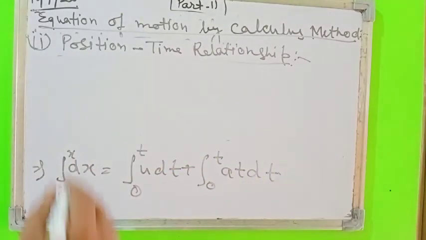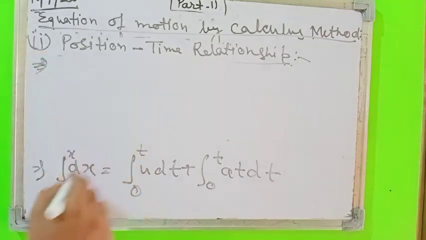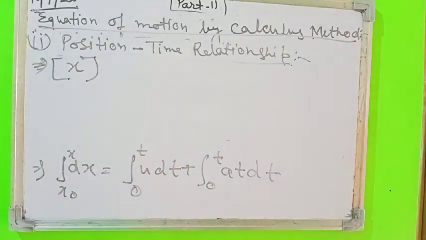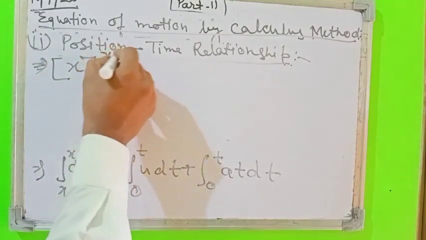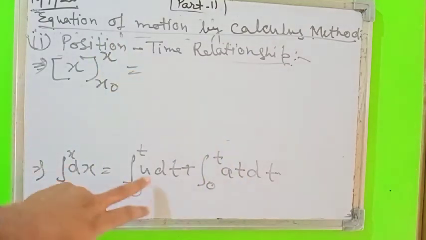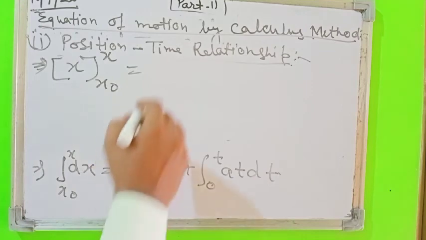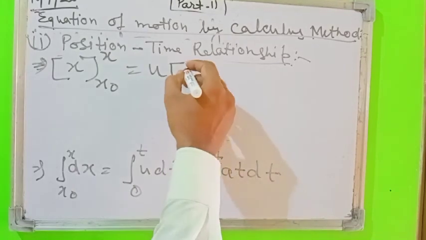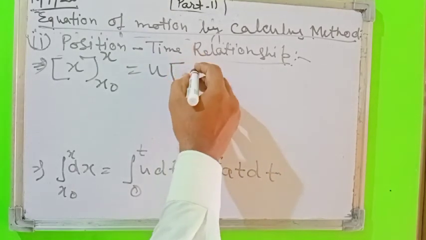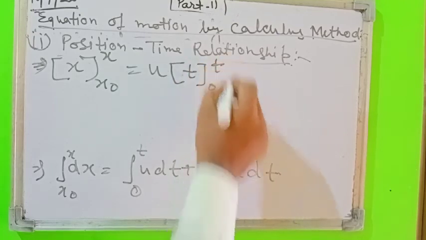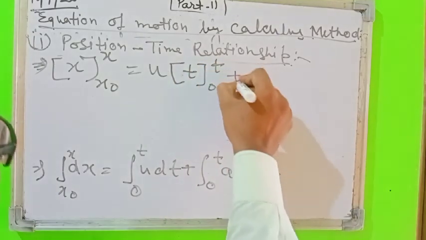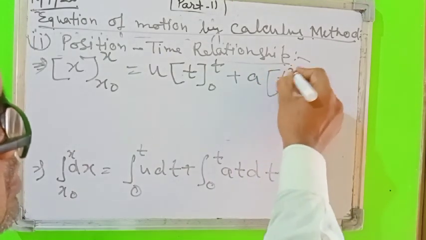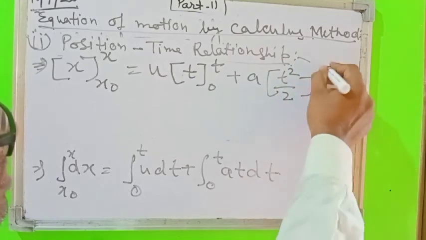Now look at here, integration of dx is equal to x, from x naught to x. The initial velocity remains constant, and it will be taken out, u. Integration of dt is t, from 0 to t, plus uniform acceleration, so a will be taken out, and it is equal to t square upon 2, from 0 to t.